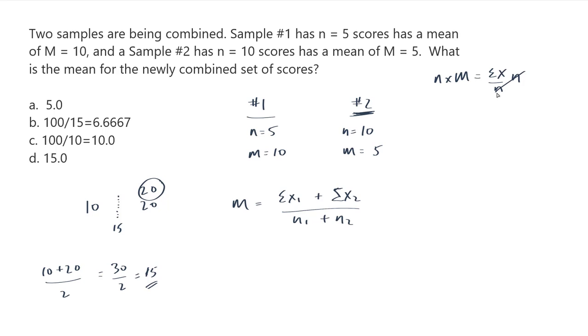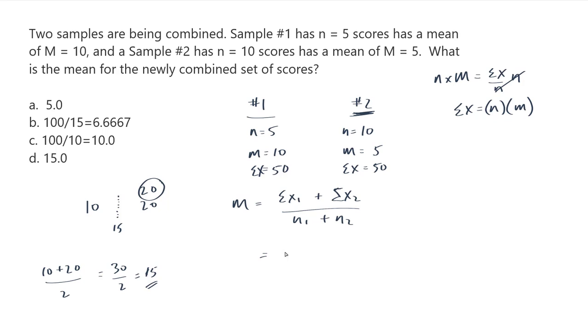These ones will cancel, and this leaves me with the sum of x equals n times M. So n is 5 times M is 10, 5 times 10 gives me 50. And over here, in sample number 2, n is 10 times 5, which coincidentally also ends up being 50.